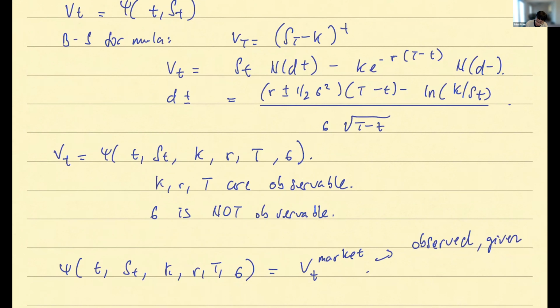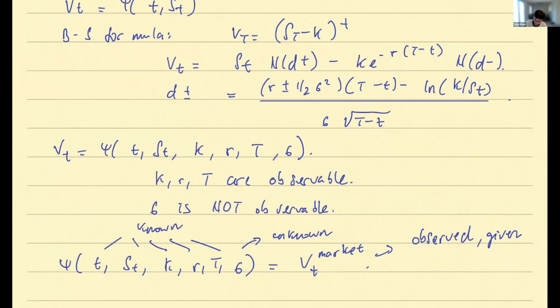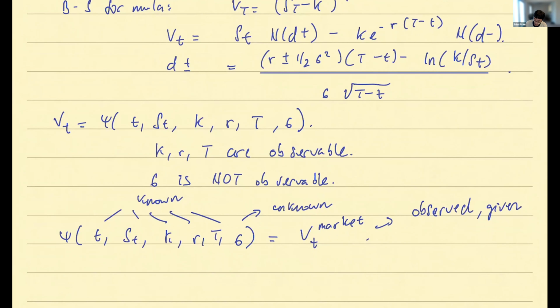When you look at the left-hand side, you have all of these known, and this is unknown. So basically, this is an equation of sigma.